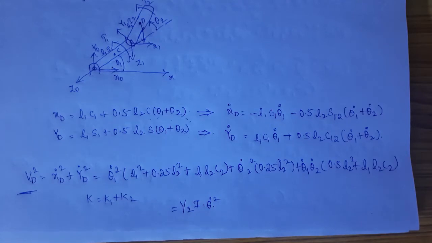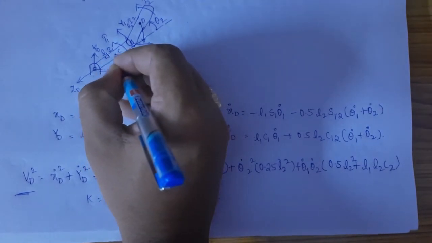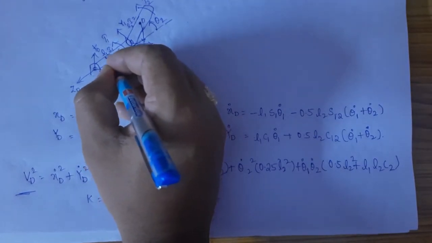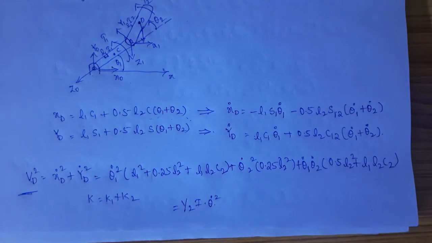Inertia is nothing but, if you take some small element from the center, having a length of dl, the inertia is density into length into distance square.